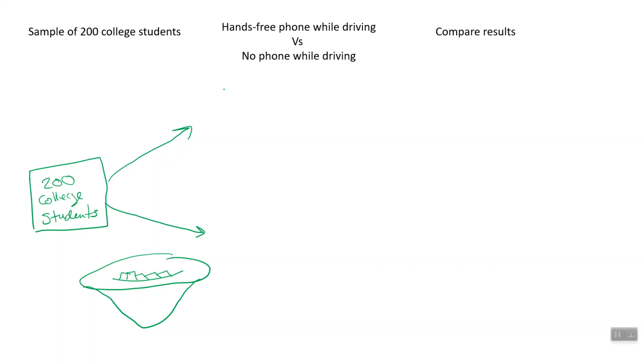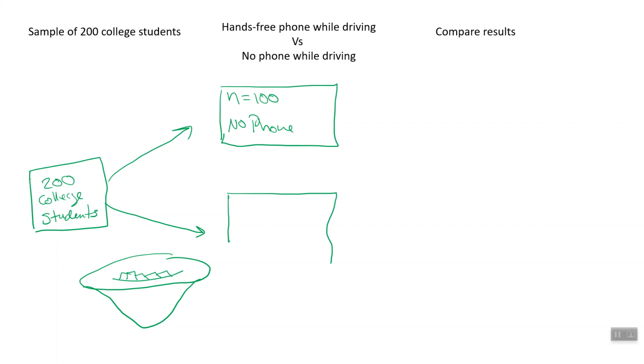All right, so let's see, we're going to have the no phone group, and the size in this will be 100. And in the other group, we will have the other 100 people. I'm just going to call this the phone group. So, and we have to say how we're going to do this.